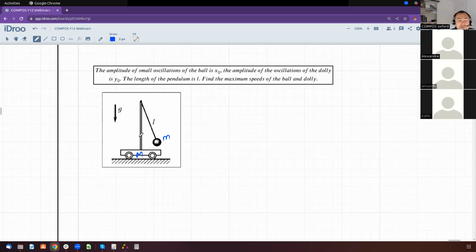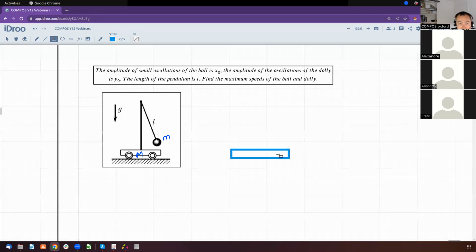Yeah, internal forces, and here we don't have any external forces. Internal forces cannot change the position, so basically the center of mass would stay where it is. So what does that mean?